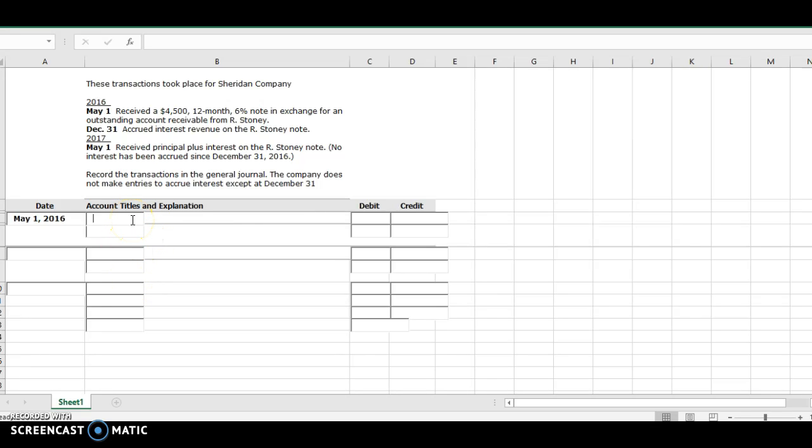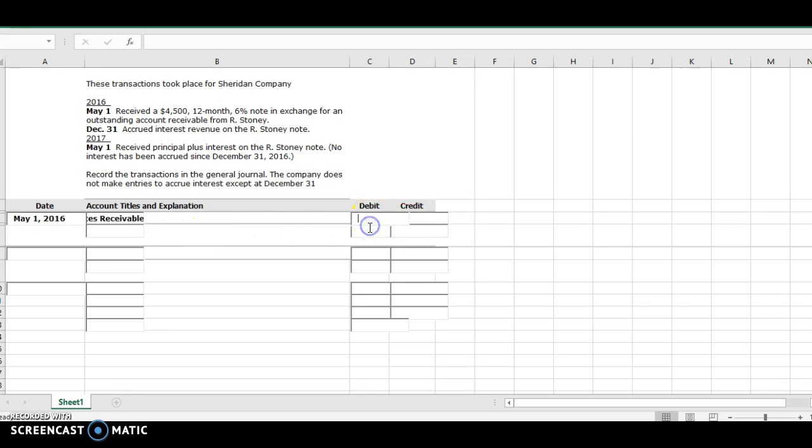So on May 1st, 2016, we received a $4,500 12-month 6% note in exchange for an account receivable. This is one of the things I got wrong. Is that it is not a note receivable, it is the account notes receivable, and that plural notes is important.